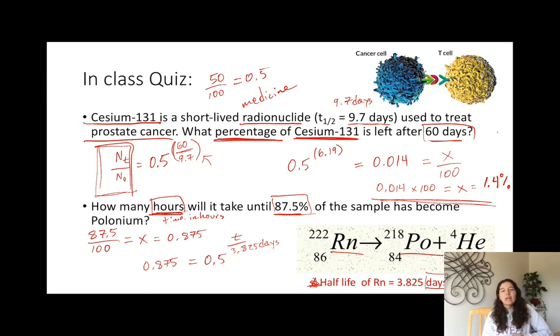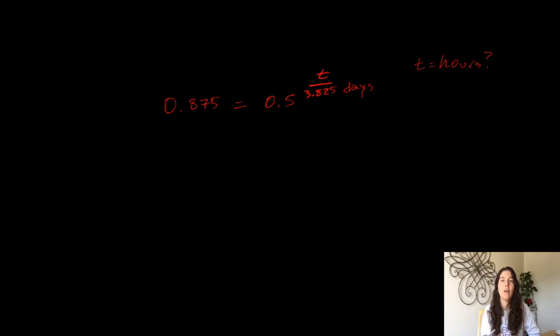So now we need to get t by itself. Okay, so let's take a look at how to solve this. Right now we have t in our exponent, and we are trying to isolate t.